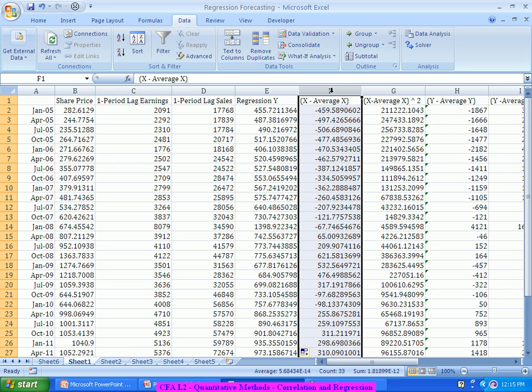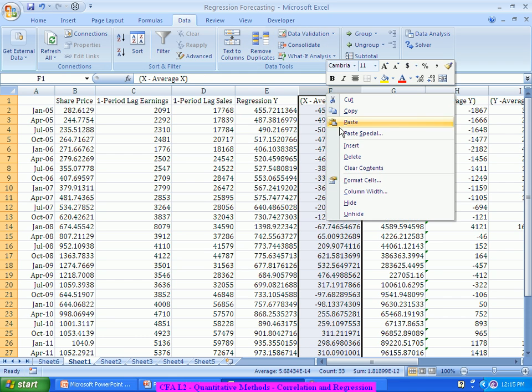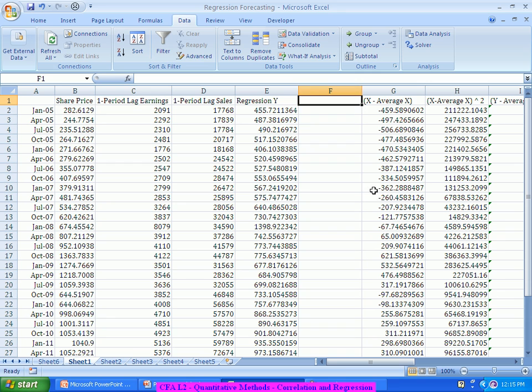So when I find the correlation between those two, I should get it very close to 0, right? Let's say the residual comes out as the regression y minus the actual y. So these are my residual data.